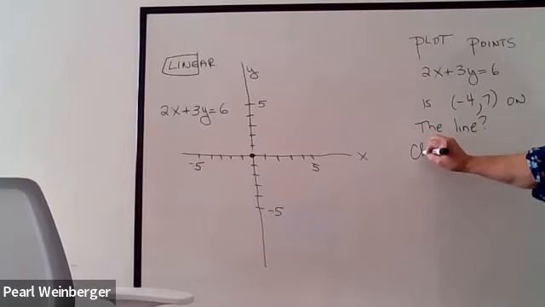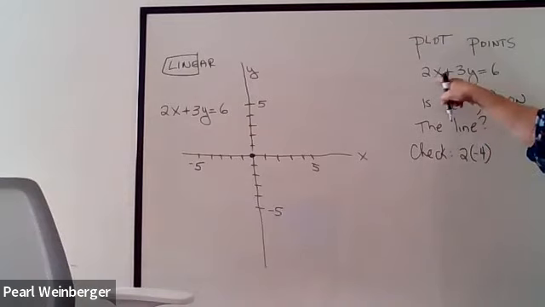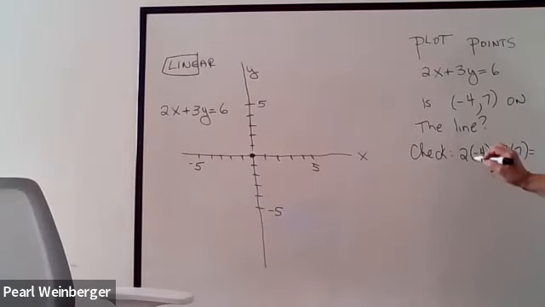So here's our check. Two times -4, replacing my x by the -4, plus 3 times 7. Let's see what that works out to be. It is -8 plus 21, which is 13.